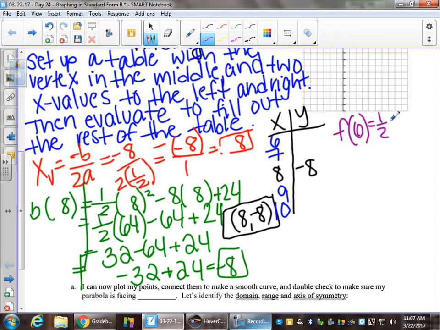So we're going to have 1/2 times 6 squared minus 8 times 6 plus 24, and this is f of 6. Now what am I going to do? What is 6 squared? 36.